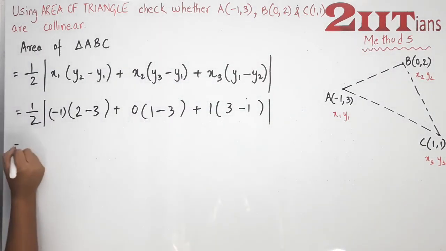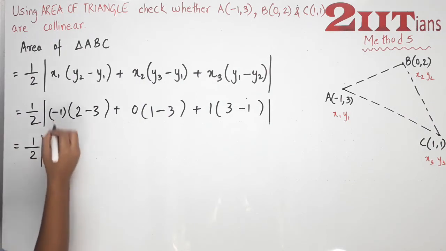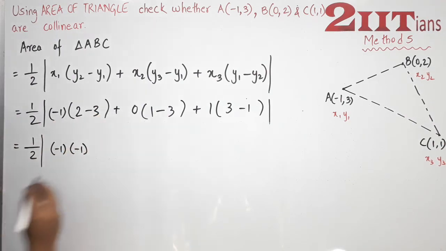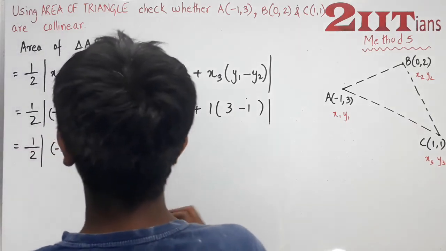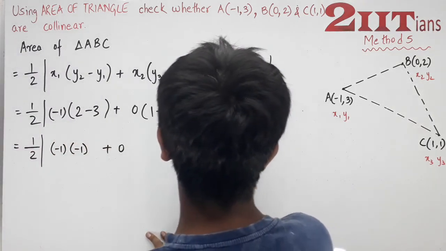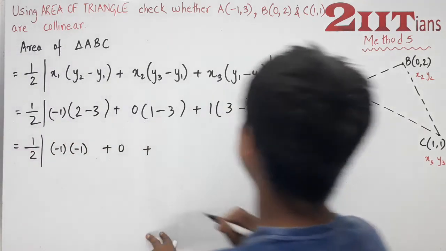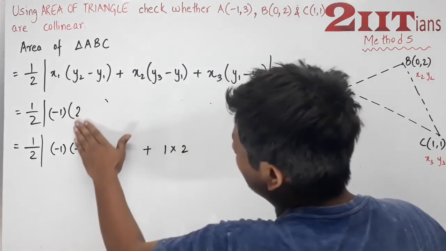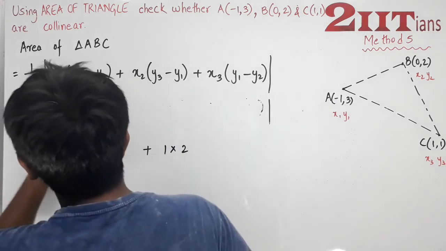So everything seems set. Minus 1 multiplied by minus 1 plus 0, and this is 3 minus 1, 2. Okay, there seems to be some mess up. The mess up I have found out.